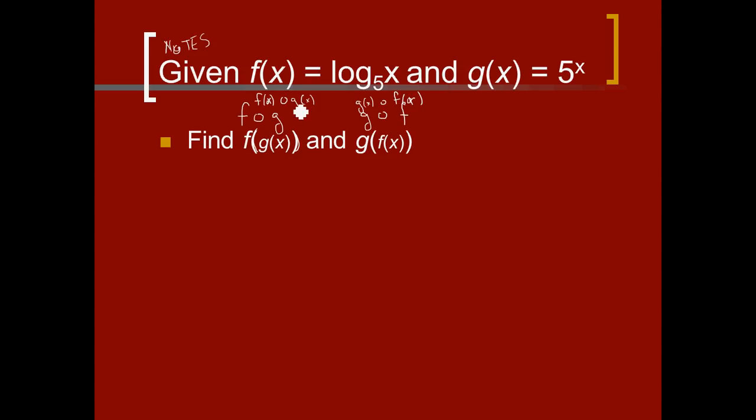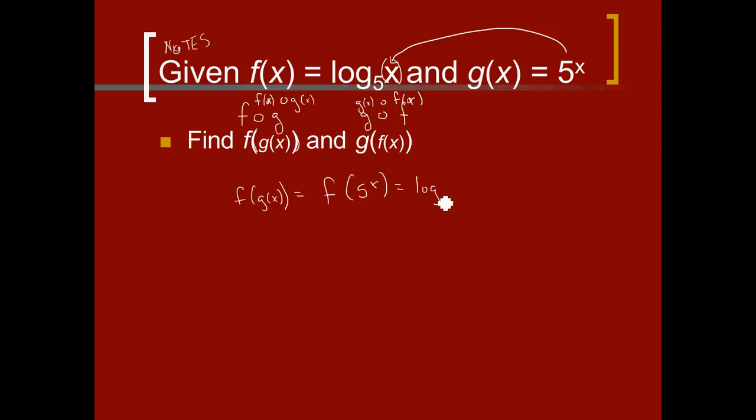So, back to our functions. What does that mean? What does that look like? Here's X. Put G into it. So F composed with G looks like F with 5 to the x in place of x.